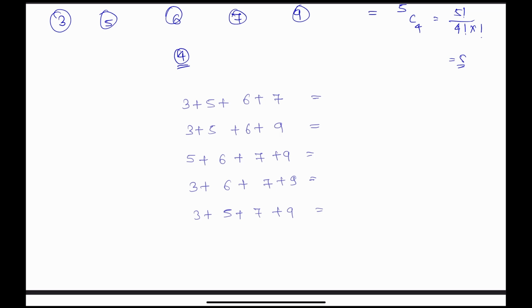If someone gives us the sums, let's calculate: 6 plus 3 is 9, 9 plus 5 is 14, 14 plus 7 is 21. Then 5 plus 3 is 8, 8 plus 6 is 14, 14 plus 9 is 23. Then 5 plus 6 is 11, 11 plus 7 is 18, 18 plus 9 is 27. Then 6 plus 3 is 9, 9 plus 9 is 18, 18 plus 7 is 25. And 5 plus 3 is 8, 8 plus 7 plus 9 is 24.